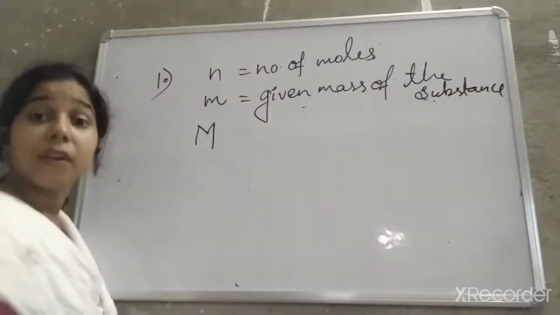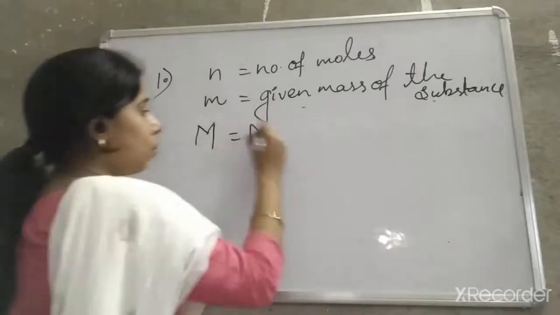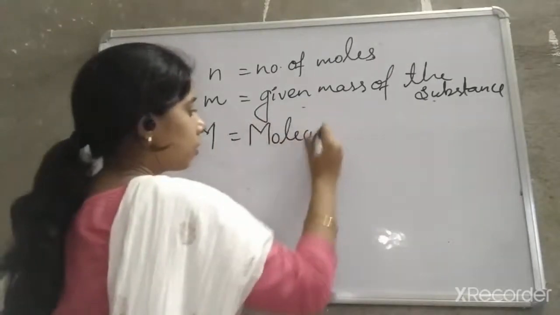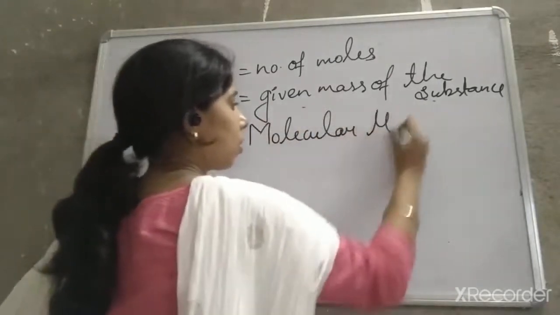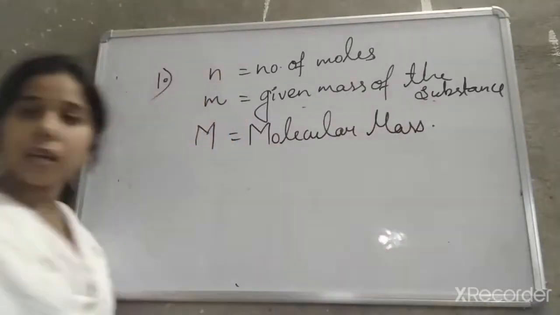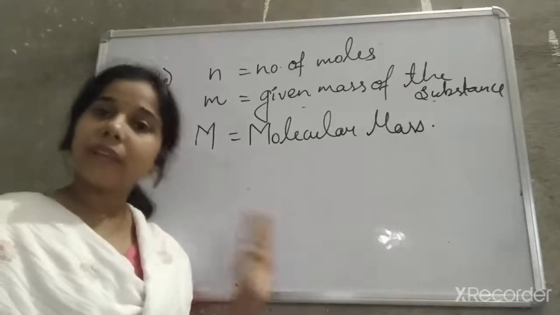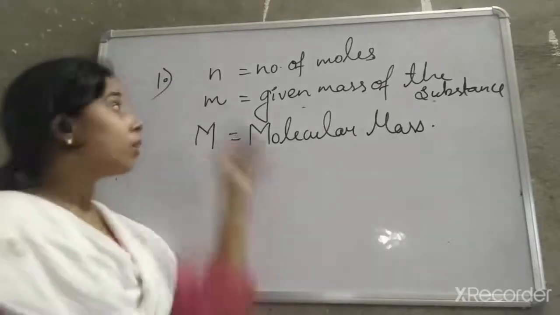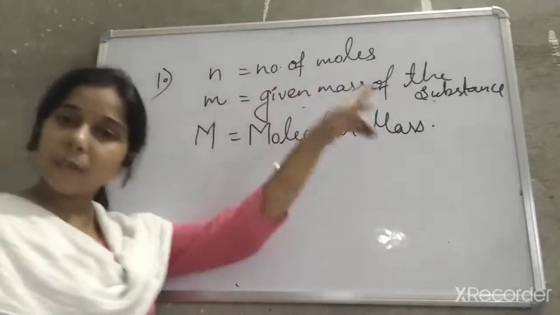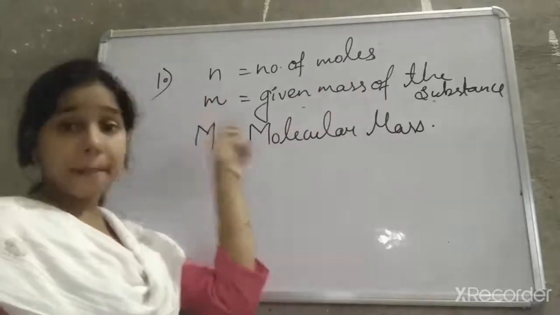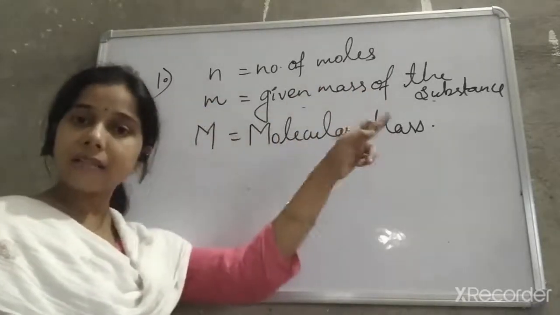Capital M represents the molecular mass. Okay, molecular mass we can find. If the atomic mass is given, then we can find the molecular mass also. So small n represents the number of moles. Small m represents the given mass.